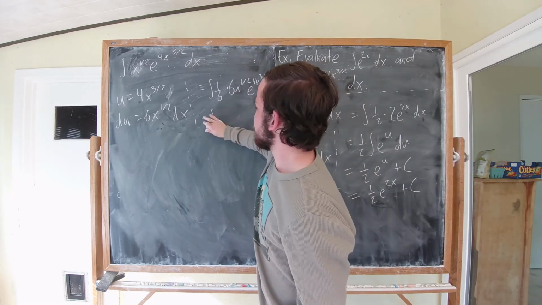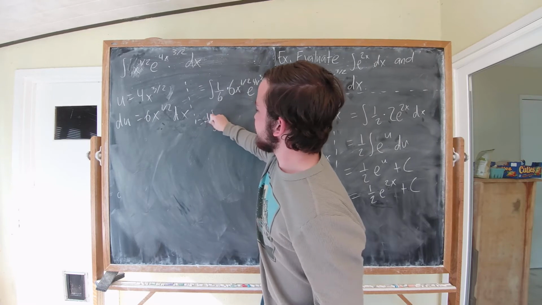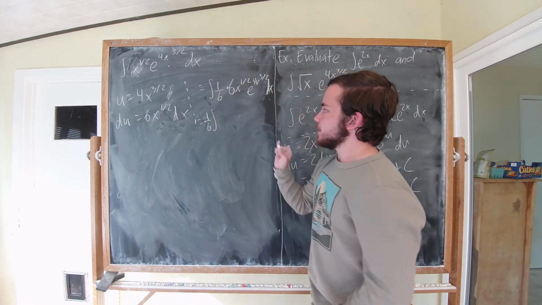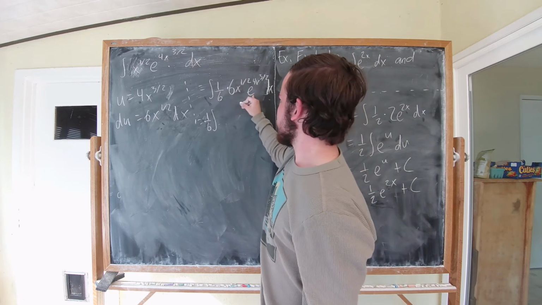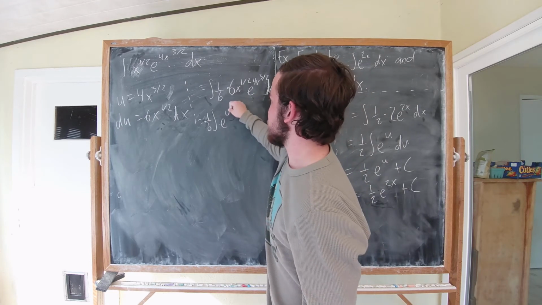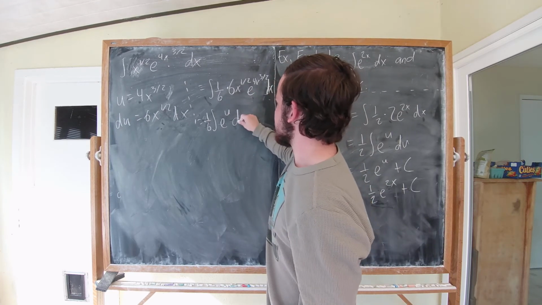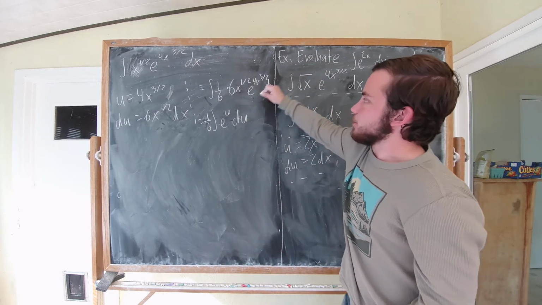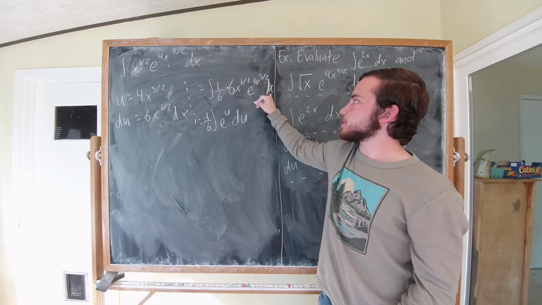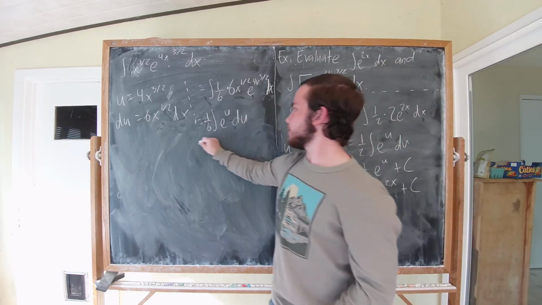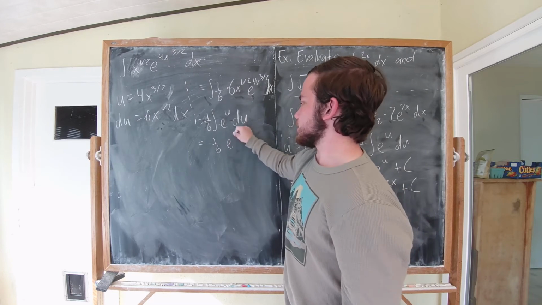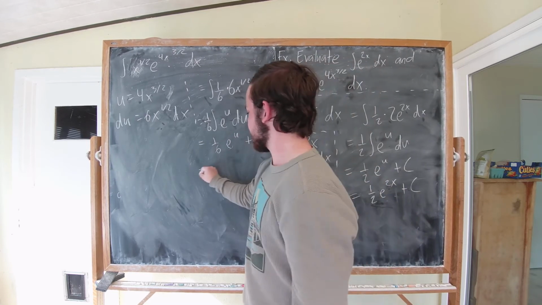That's equal to 1/6, just pulling that 1/6 outside of the integral sign, times the integral of e to the u du. So e to the u, and then those parts make our du up. And that's equal to 1/6 e to the u plus c.